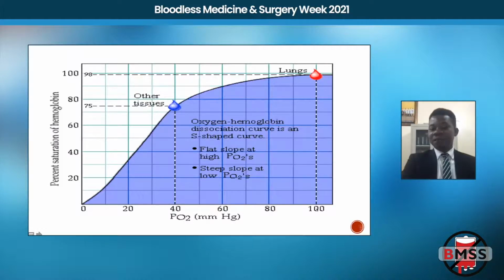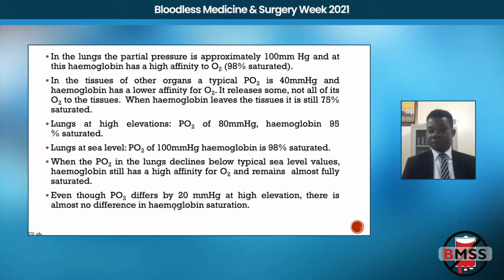Whereas at 100 millimeters of mercury, which is the arterial circulation, the hemoglobin gets saturated up to 98%. So even in the venous blood, there is still some level of saturation, irrespective of the tension being about 40 millimeters of mercury. That helps us to understand what we are really talking about.